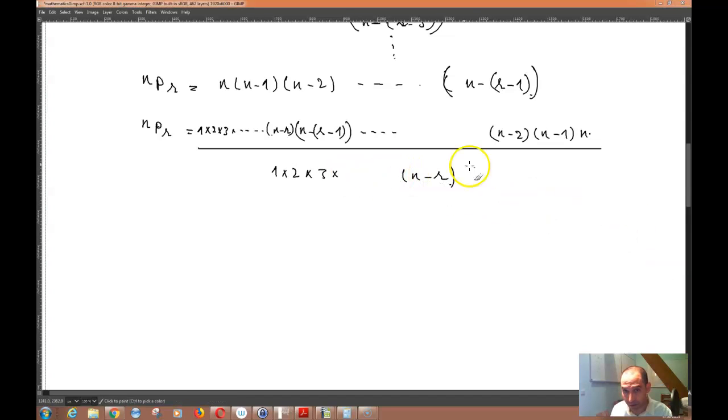I can write this term as well, n minus r minus 1, and over here I can write the n minus r minus 1 as well, and that is times all of these things over here.